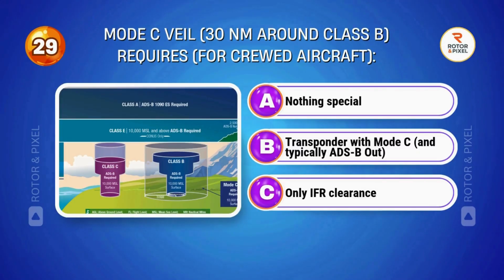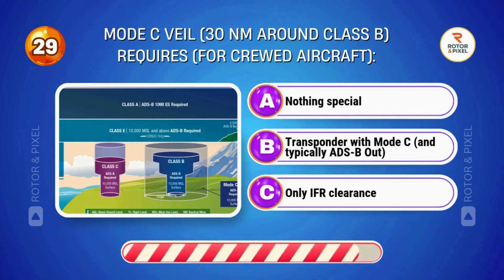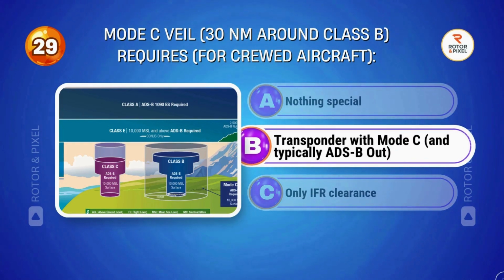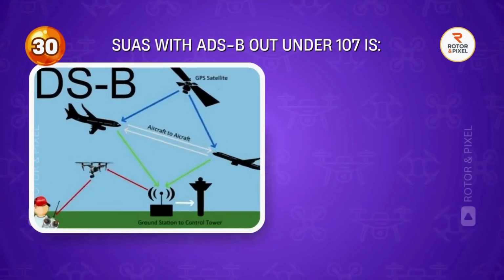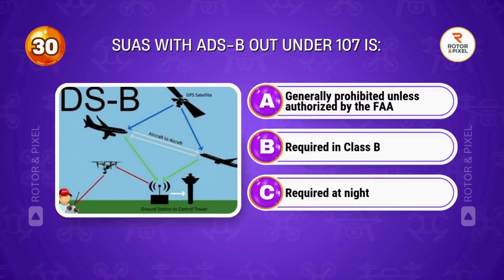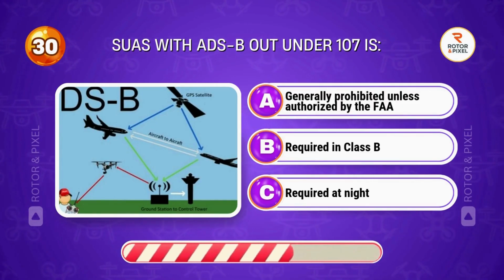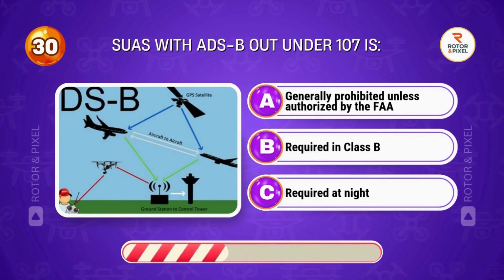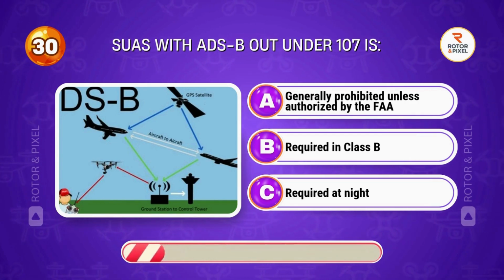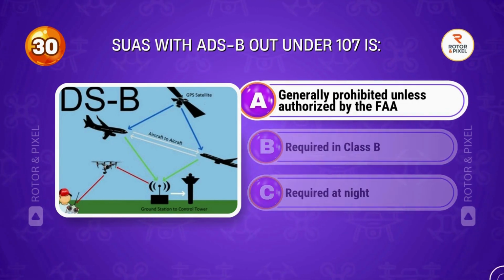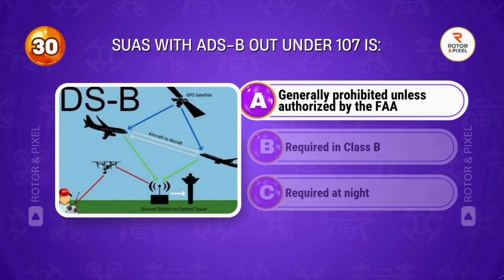Mode C veil, 30 nautical miles around Class B, requires for crewed aircraft... Answer B, transponder with Mode C and typically ADS-B out. sUAS with ADS-B out under 107 is... Answer A, generally prohibited unless authorized by the FAA.